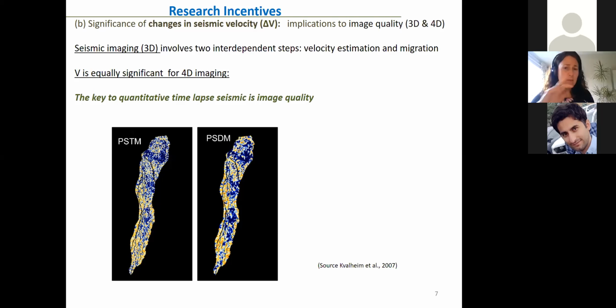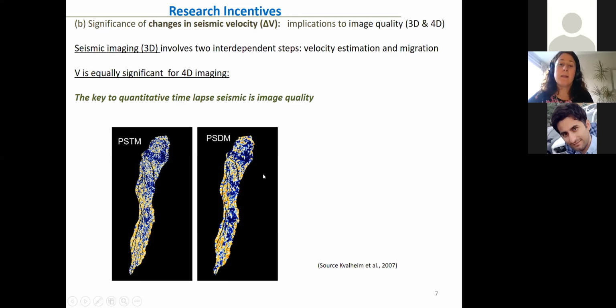And in this figure, I'm showing an example from the Bragg fields, where the authors are comparing a map of 4D differences. So these are differences in amplitudes between baseline and monitor. And what they've done here is they've used pre-stack time migration.